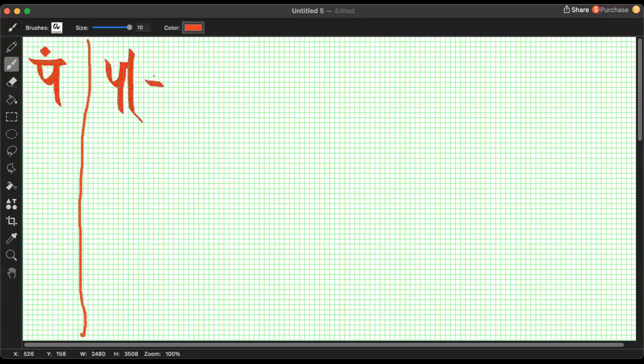To this, we'll add the matra, and the rule is the same, just a bindu on the top. We'll first write per, on the top, a bindu. This is pam.